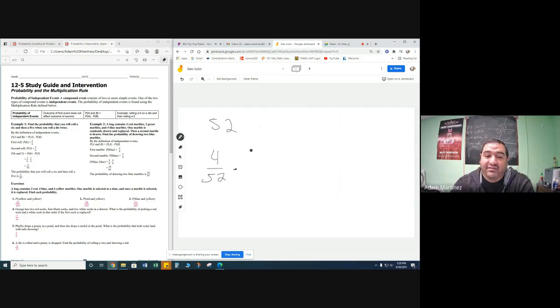Now you do 3 kings out of 51 cards because you have 1 less king and 1 less card. Those are dependent events because what you do the first time makes a difference to the second. They interfere with each other.